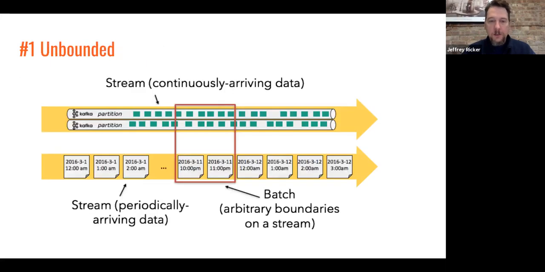So first concept is unbounded. We're accustomed to dealing with bounded data. We have a file, we open the file, we read through the file, we close the file. We have a table. We start a query, we scan the table for the query, we come to the end of the table, we give the results of the query.